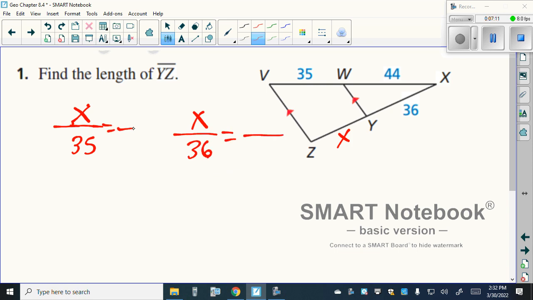So let's see what happens. So if we did x over 35, would be what over what? 36 over 44, yes?